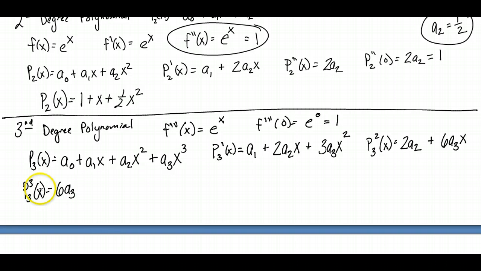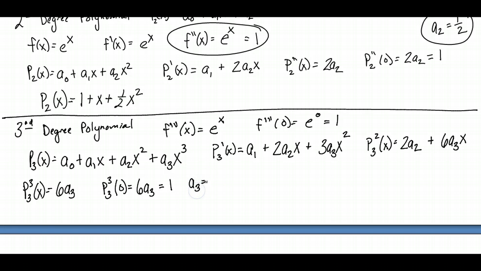Remember, when I plug in a 0 into the third derivative of my third degree polynomial, I don't have a variable there. This has to equal the same thing as the third derivative of the original function. Whew, that's a lot. So this has to equal 1.